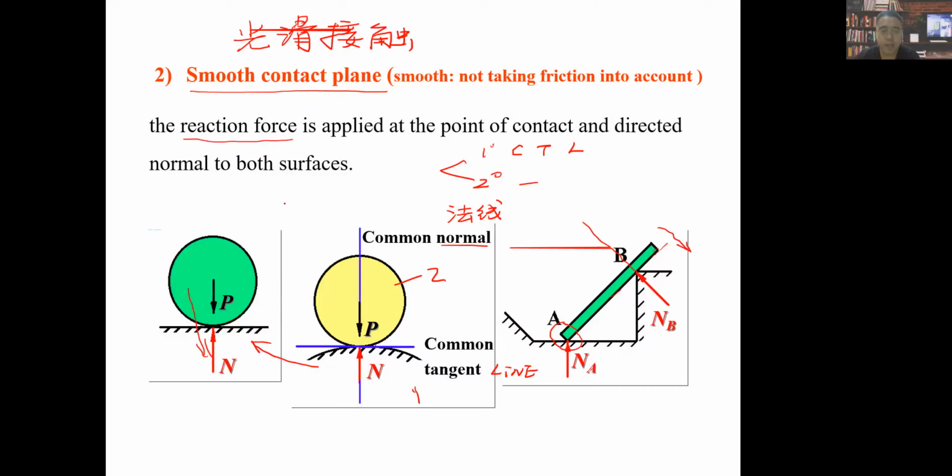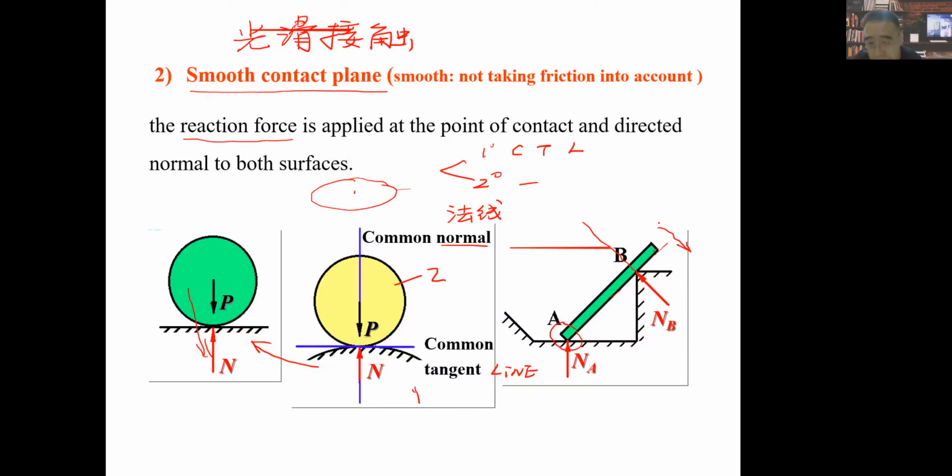Just like the example I told you guys, a donkey can only eat grass on a given circle, just like this, right? If you always keep in the circle, there is no reaction force. If you try to escape that, there will be some kind of reaction force, just like this.